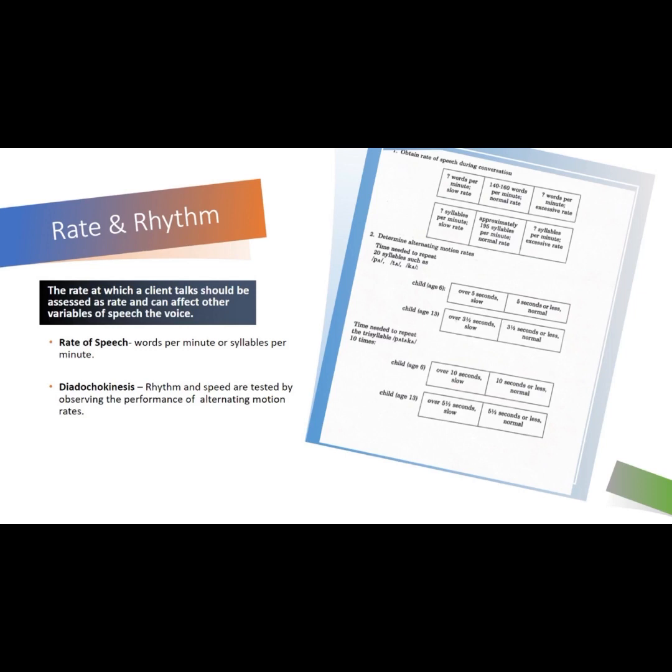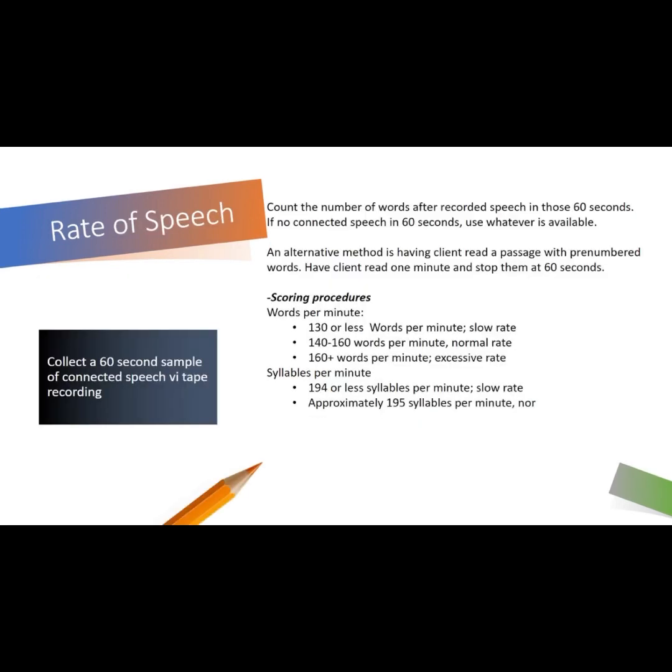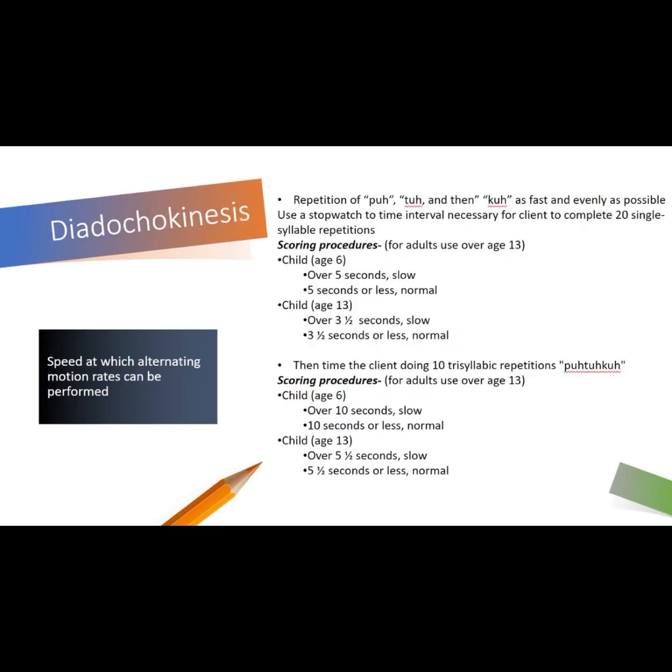The rate at which a client talks should be assessed and can affect the variables of speech and voice. Let's take a closer look at rate of speech and diadokinesis. For rate of speech, we'll count the number of words recorded in a span of 60 seconds. An alternative method is having the client read a passage with pre-numbered words.